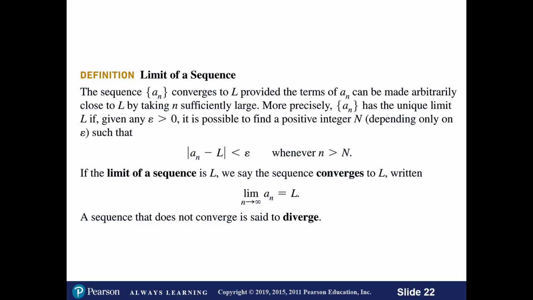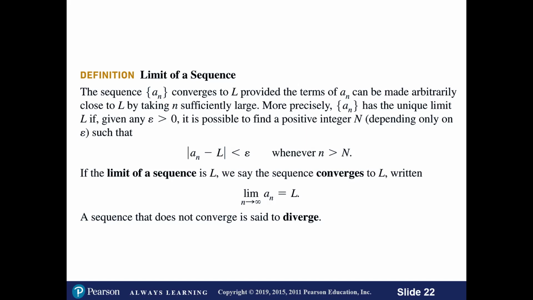Okay, so this is just like the formal definition for a function. You pick an epsilon greater than 0. Doesn't matter how small it is. Doesn't matter how tiny, 0.000, however many zeros you want, 1. Doesn't matter how small epsilon is. You pick any tiny number epsilon, and I can find a large enough value of n.